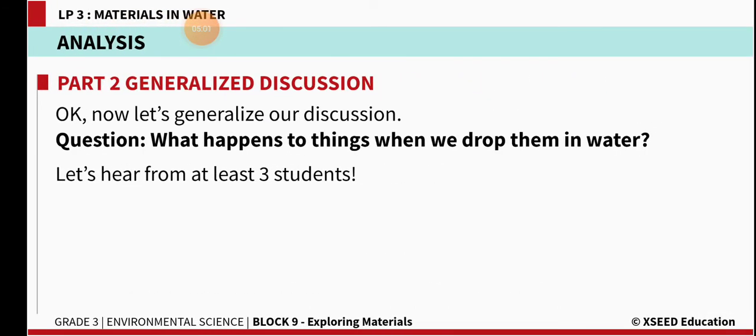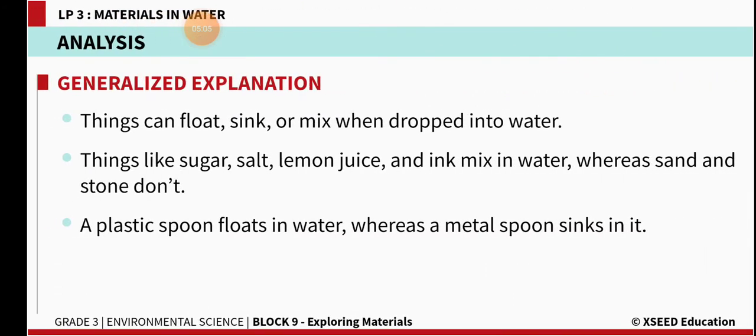Now, what happens to the things when we drop them in the water? Things can float, sink, or mix when we drop them in the water. Just now you had seen sugar, salt, lemon juice and ink can mix in the water, whereas sand and stone do not. A plastic spoon floats in water, whereas a metal spoon sinks in the water.